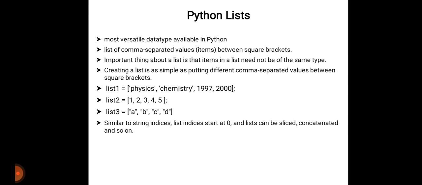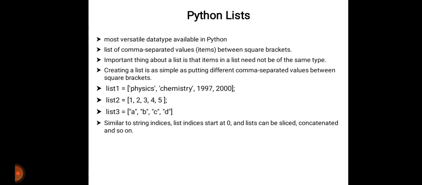List1 has subjects like physics, chemistry and years like 1997, 2000, 2001, 2010, 2015. Each value here is separated with a comma. Then list2 has some numbers like 1, 2, 3, 4, 5, 6, 7, 8, 9.